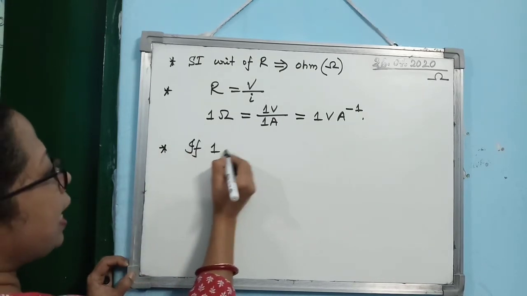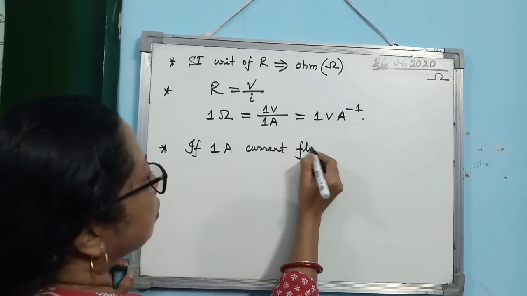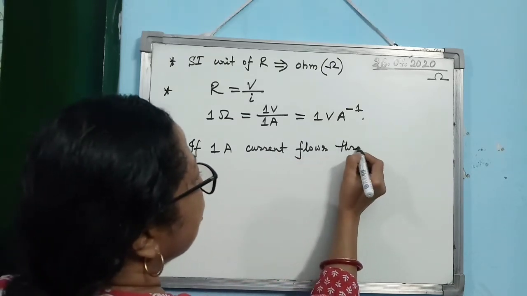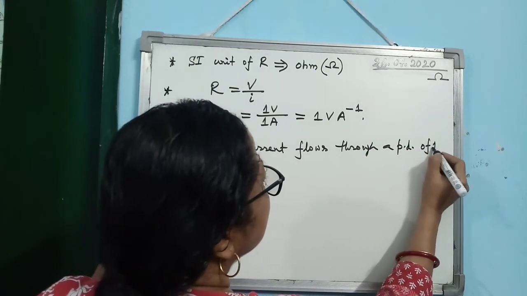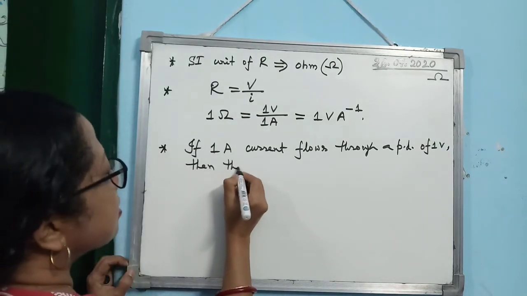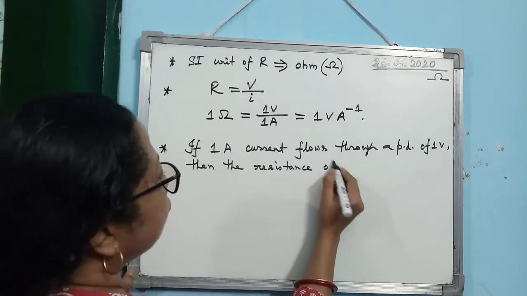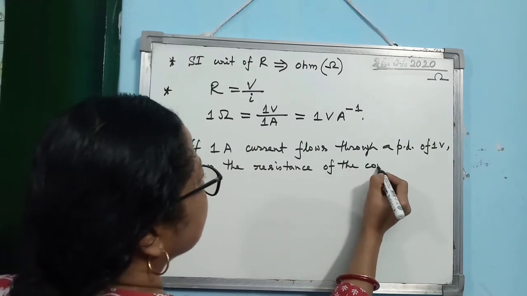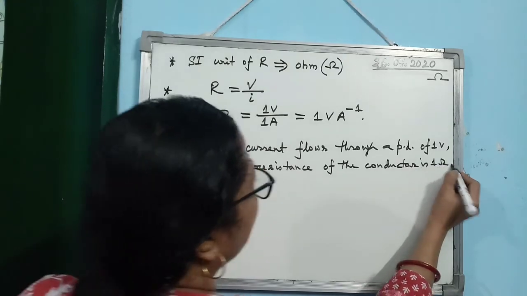If 1 amp current flows through a PD of 1 volt, then the resistance of the conductor is 1 ohm.